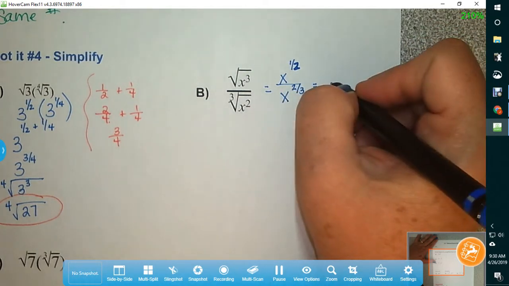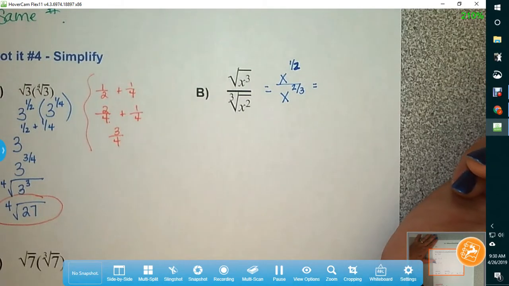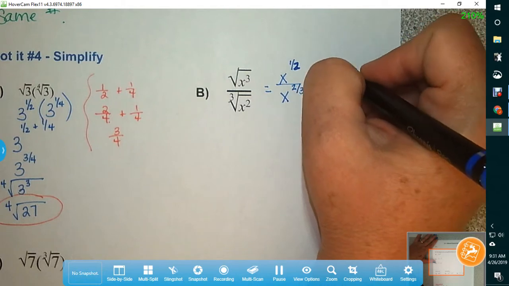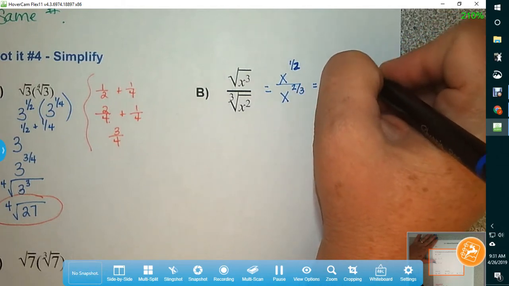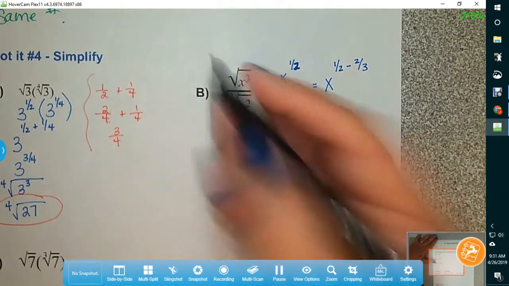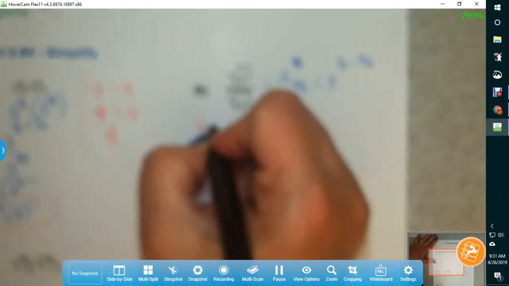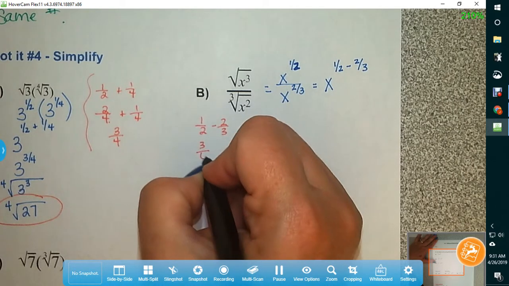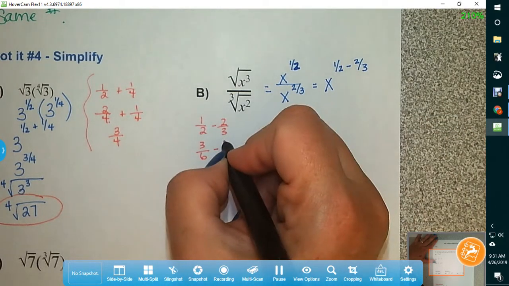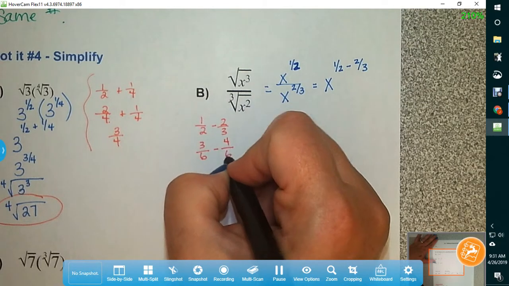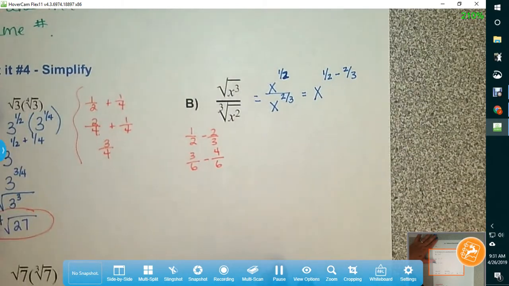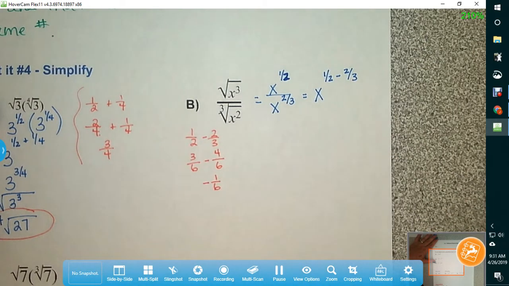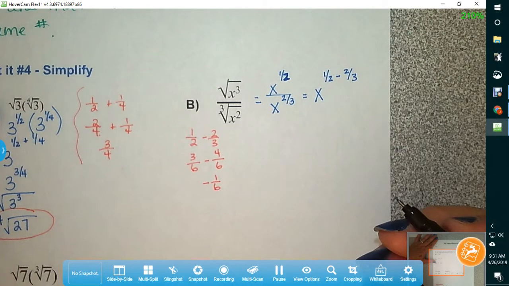So the rule says when you have a division problem and the same base, keep your base, top one minus the bottom exponent. So now I have to subtract those fractions and get a common denominator. So 1/2 changes into 3/6. 2/3 is 4/6. Well, that gives me a negative 1/6. So this one's got a little bit of extra to go with it.